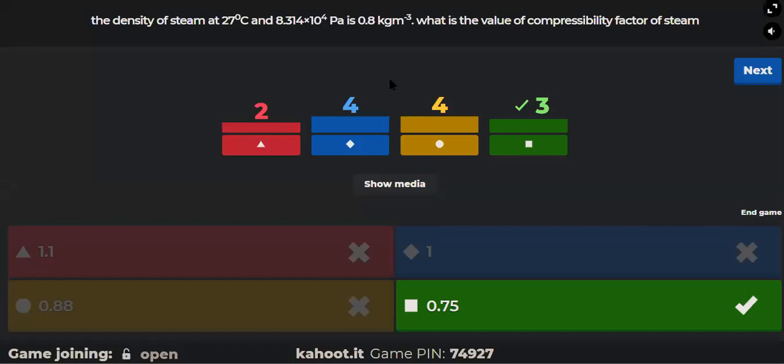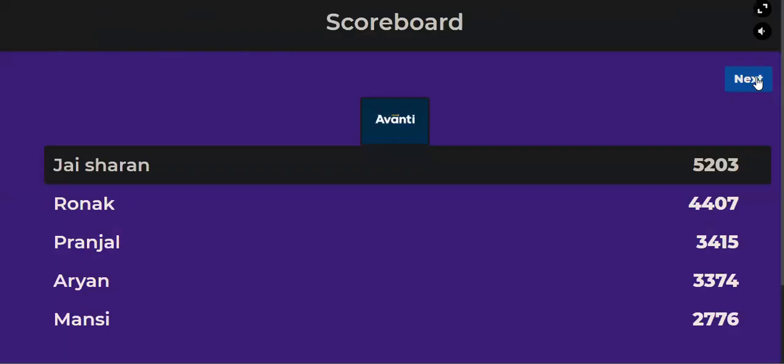Z is equal to PV by nRT. P is given. Volume you can find because density is given. R is given, T is given. Okay, Shrihari. No change.